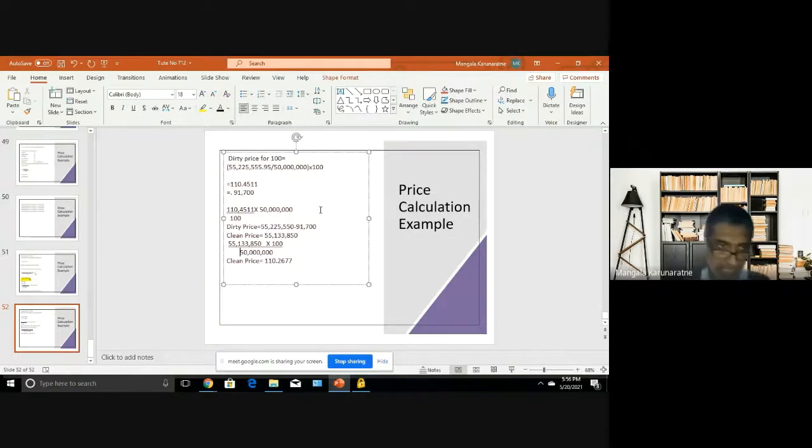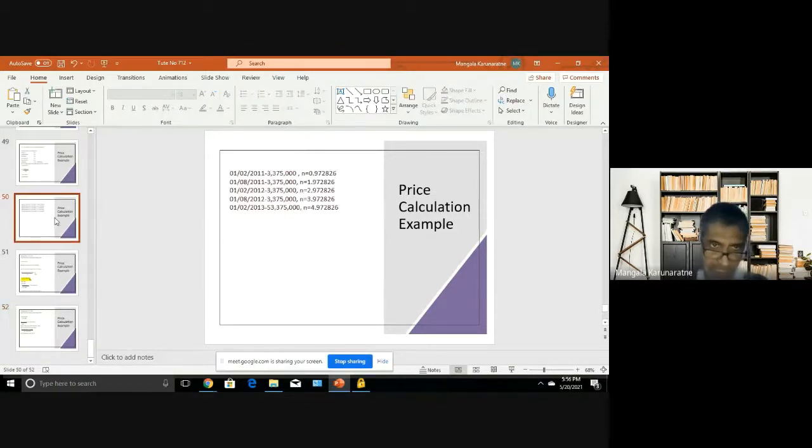I didn't do this part of the calculation, that is, I didn't take the present value of these cash flows. You can try that out. You have to try it, and then only will you get to know where you get stuck, and then you can clear off the doubts.